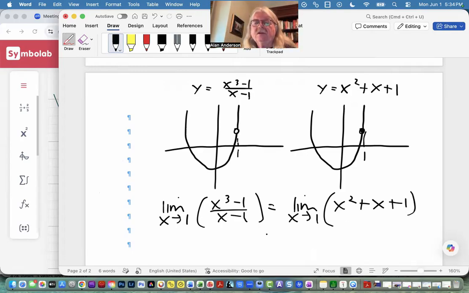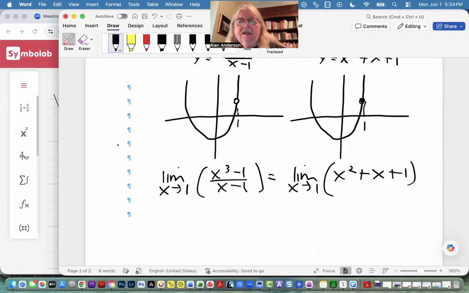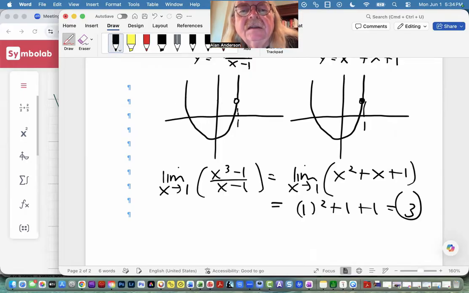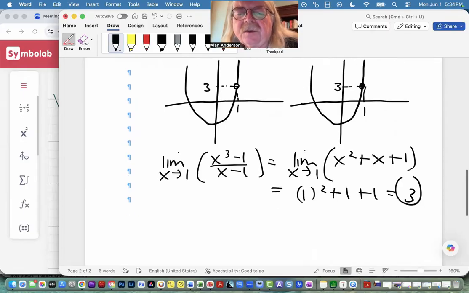Only at that point. That's the only place we're guaranteed that they're the same. And so therefore, this one on the right, we can easily solve for. So here we have a 3, and here we have a 3. So the limit in both cases is equal to 3.